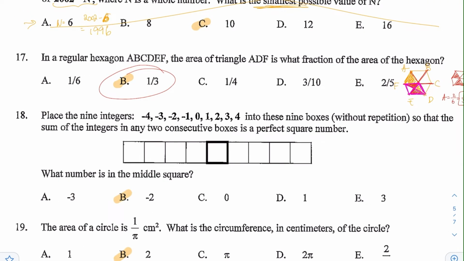Next for number 18, place the 9 integers from -4 to 4 into these 9 boxes so that the sum of the integers in any 2 consecutive boxes is a perfect square number. So the numbers next to each other must sum to a perfect square.